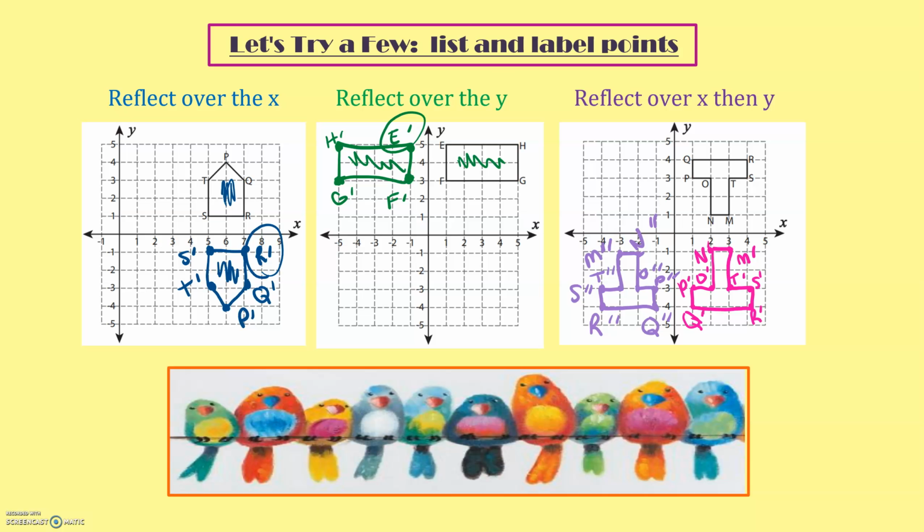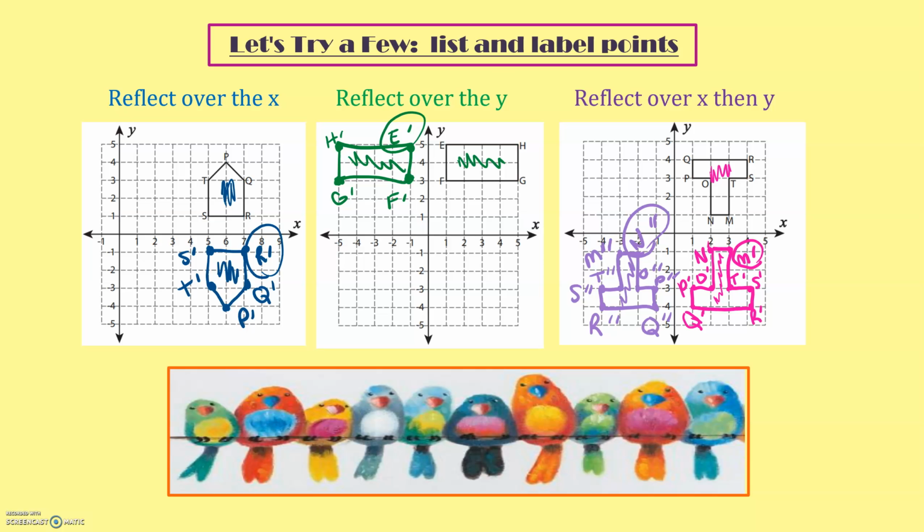So from this pre-image, we reflected over the x, and that gave us this image that made it be a prime. But then when we took this prime and reflected it over the y, we now have to label things as a prime prime because it's the second time it got reflected. So that's the way you remember how many primes you need and the order in which it was reflected.